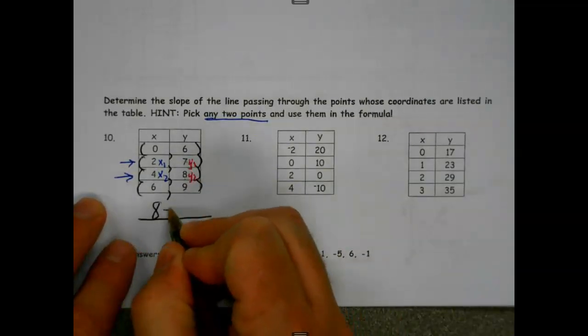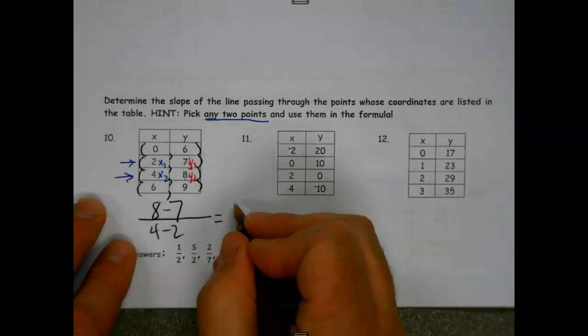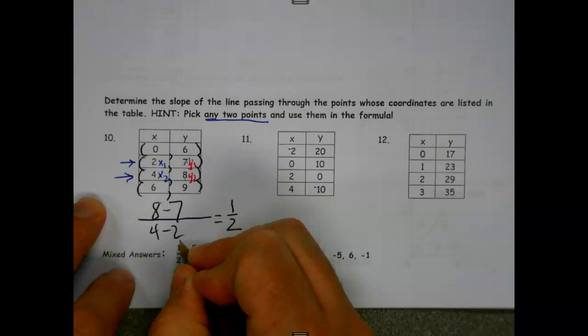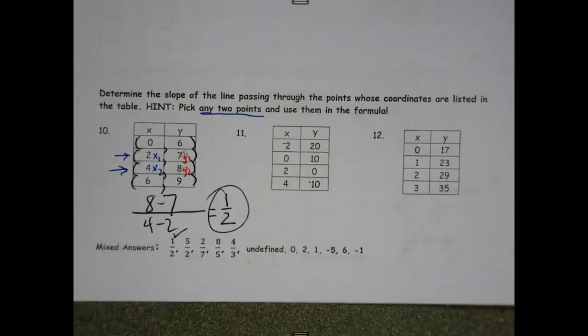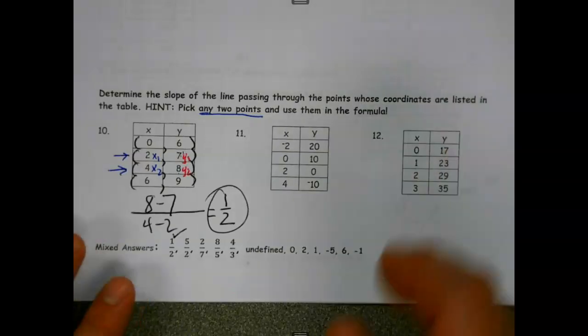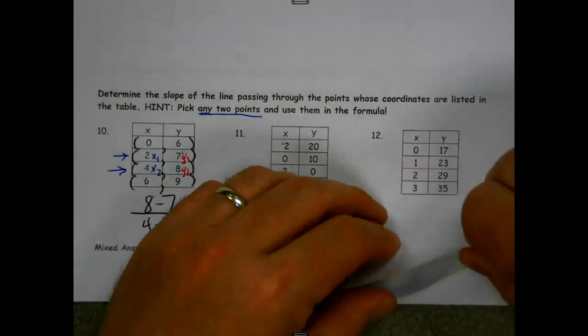So y2 minus y1 over x2 minus x1. Even got answers at the bottom to check. So again, totally a pick of yours. As long as you know what you're doing is linear, you can do this. We'll get to a point where they won't be, but for now, we're telling you that they are, so you won't have to worry about that.